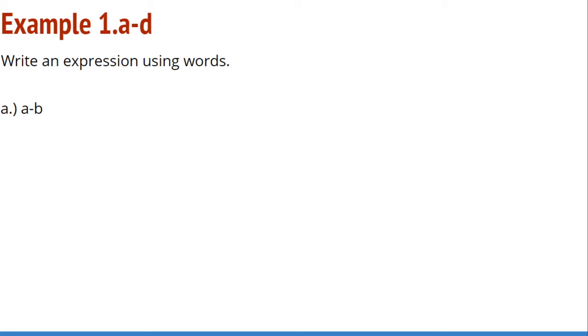So we have an algebraic expression here. We know that the operation is a subtraction operation, and we need to represent this expression using words. Now, one of the most basic ones that students come up with is A minus B, and there is nothing wrong with that one. But there are some other ways that this could be expressed that we are going to encounter.